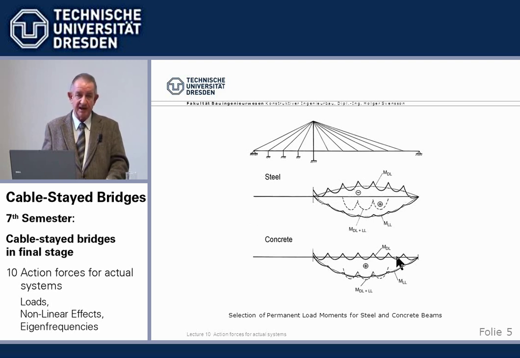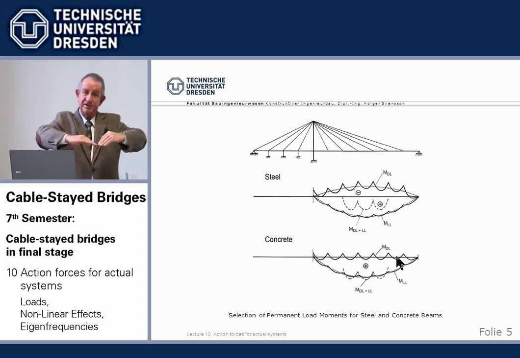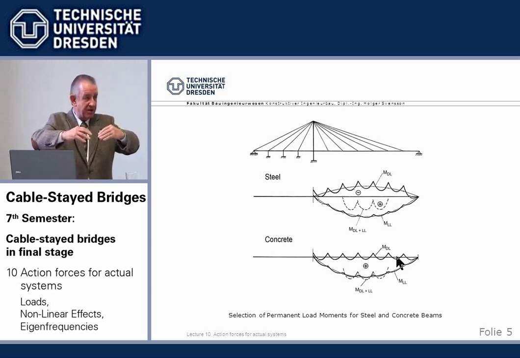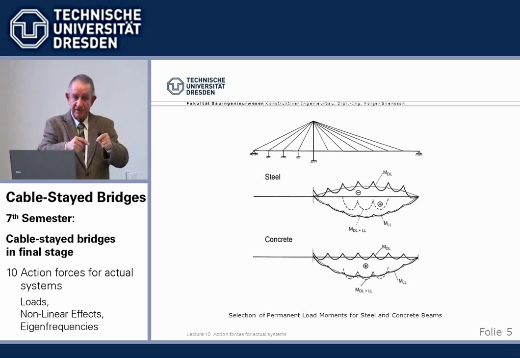We define the moments we want, and then we have given the moments of dead load on the elastic system. So we can apply the cable shortenings with the computer in such a way that the sum of elastic and cable shortening gives us the desired run of moments in the final permanent load.